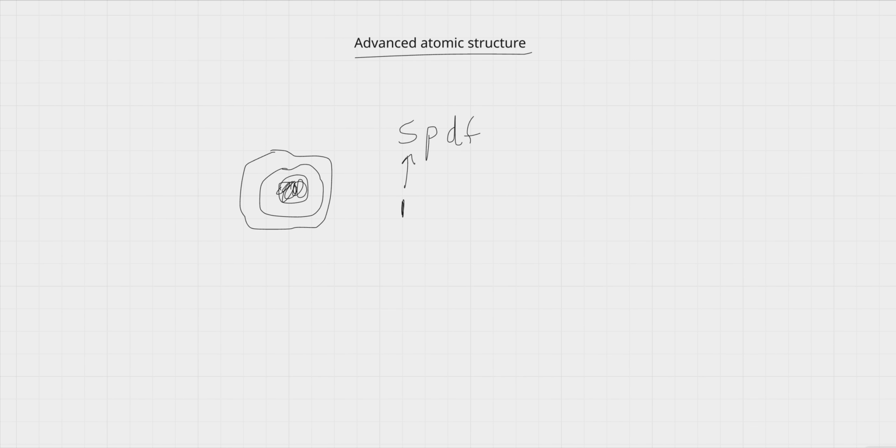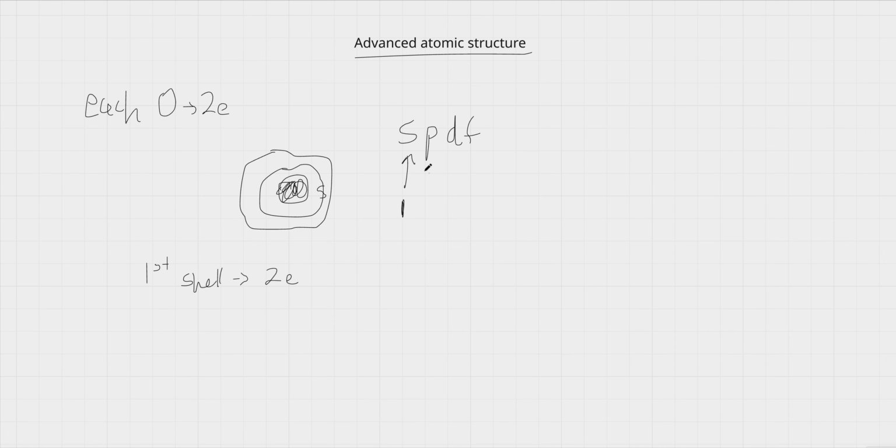But going back to our orbitals, right? So each orbital has 2 electrons, and there's 1 s orbital in the first shell, so 1s, and that makes sense with what we know so far, because 1 s orbital means it can hold 2 electrons. So the first shell can hold 2 electrons.